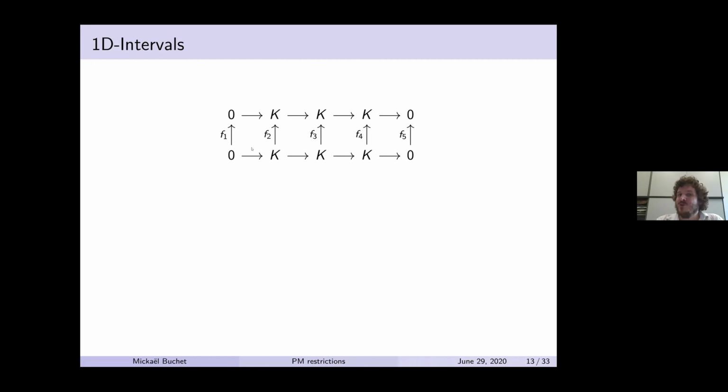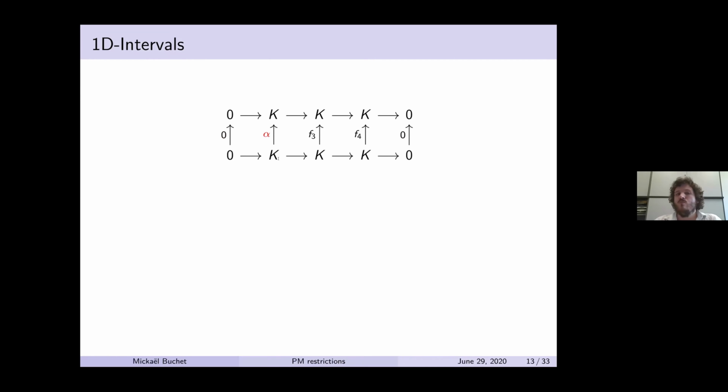And of course, I also need everything to commute. If I look at F1, F2, F3, F4, F5, they are all linear maps. I need to define them. Fortunately, F1 and F5 are easy. It's a map from the zero vector space to the zero vector space. It's 0. The second one, F2, is a map from K to K. I can just define it by a scalar alpha. And that just fixes my map.